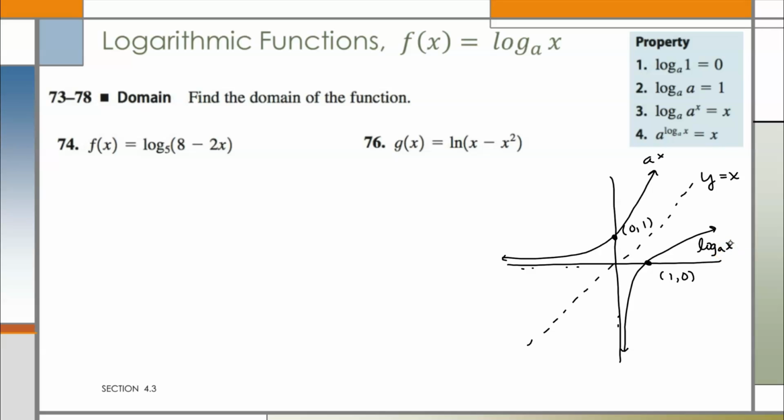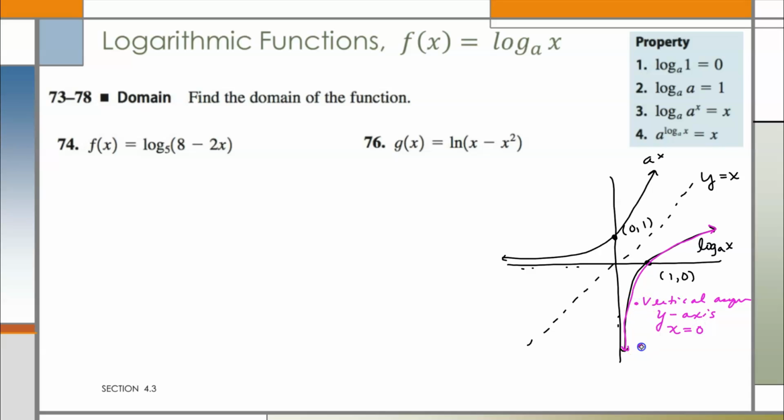Okay, so what we want to do is know the shape of the logarithmic function base a, and that's what we see here in pink. The y-axis is the vertical asymptote. The equation of the y-axis is x equals 0.